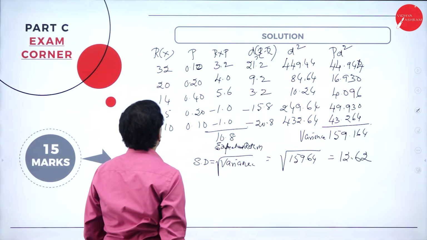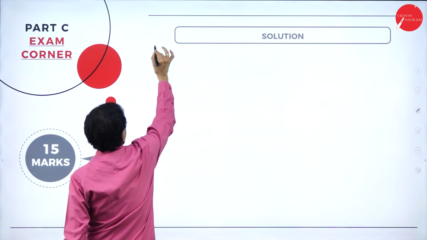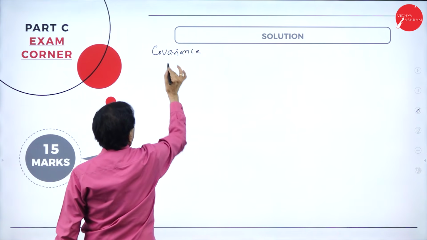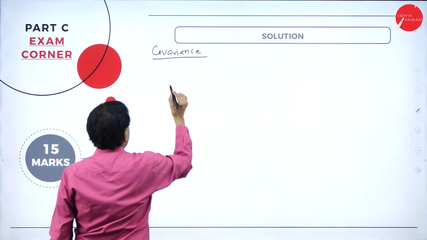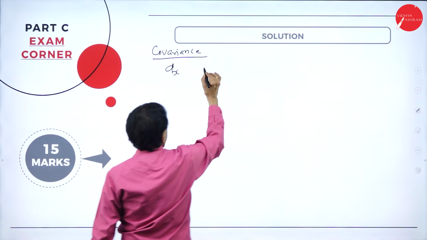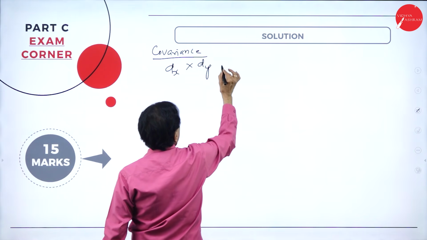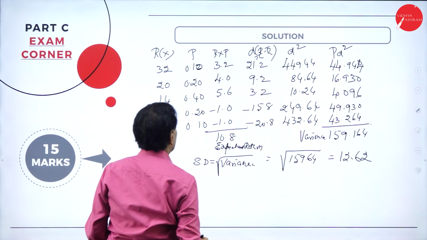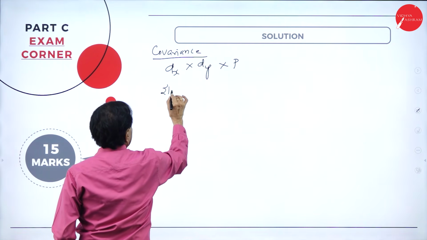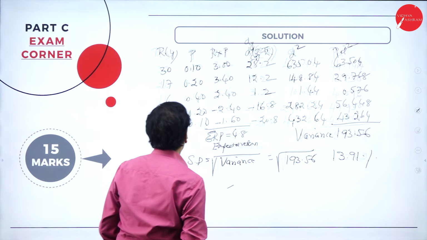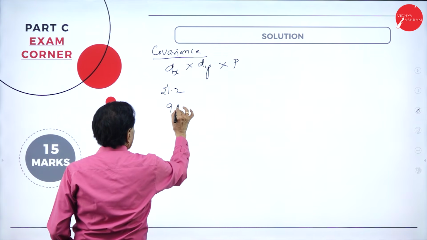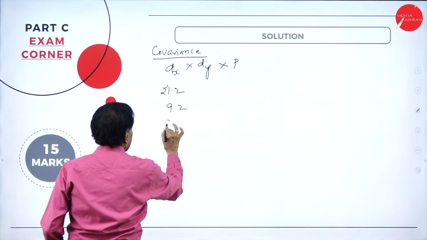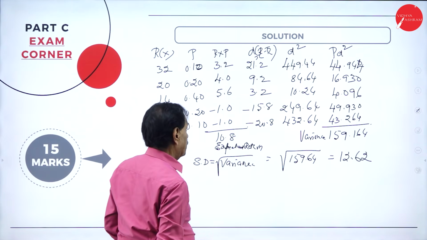Second one, now covariance. First one, dx dy into p. What's your dx? 21.2. Second one, 9.2. Next one, 3.2. Next one, minus 15.8.